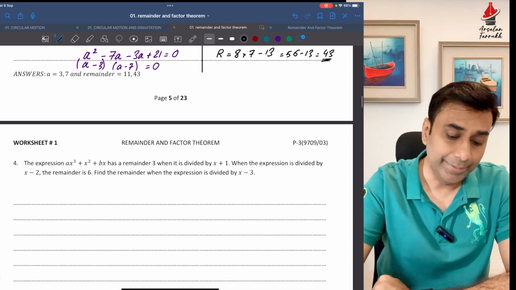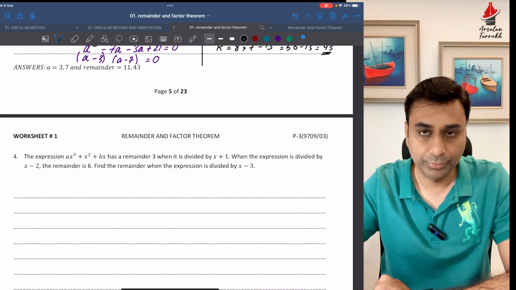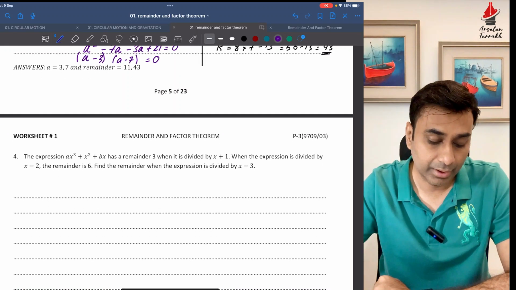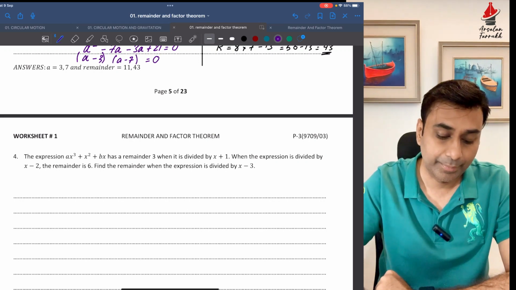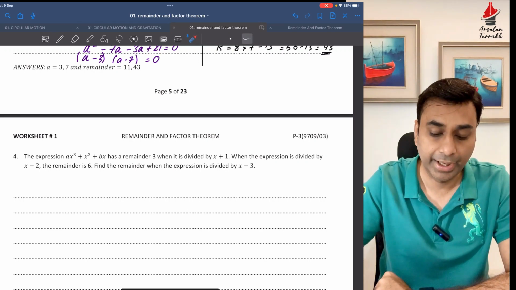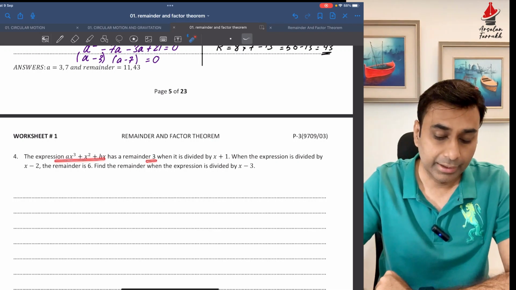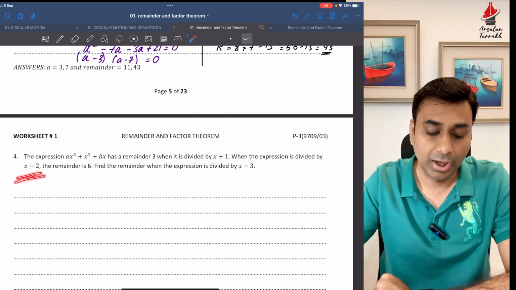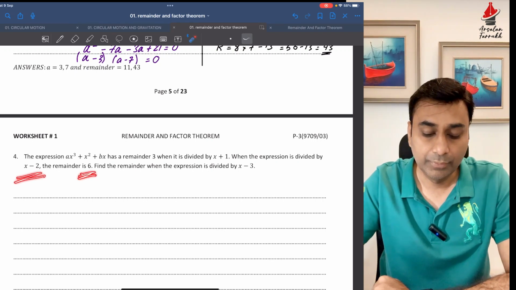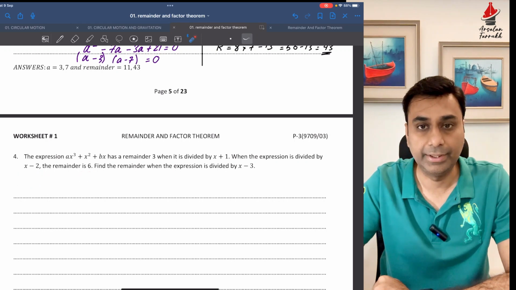As I said, you can keep on getting these kinds of slightly more complicated situations where, for instance, it says the expression has a remainder 3 when divided by x plus 1, and the same expression when divided by x minus 2 has a remainder 6. And now you have to find out the remainder when it is divided by x minus 3.